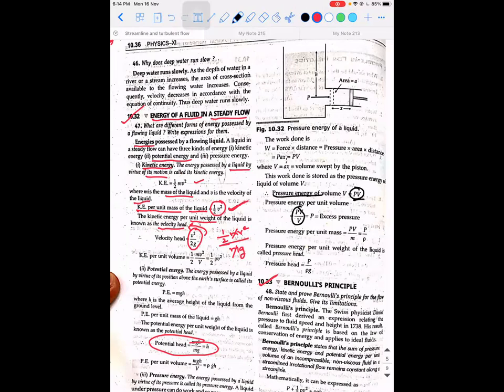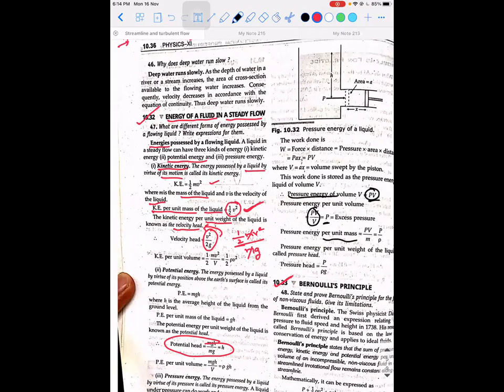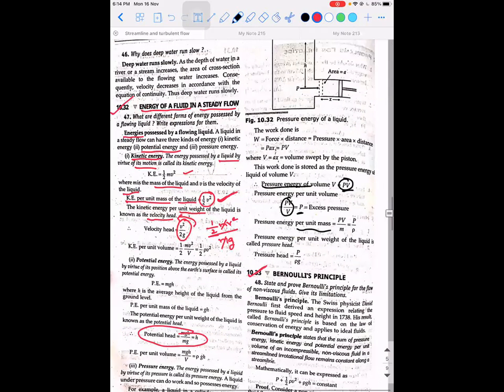Volume and volume will cancel. P will be the answer. So remember, pressure energy per unit volume is nothing but pressure. Similarly, if you define pressure energy per unit mass, then what will you get? You will get P divided by rho. Then what will that be called as? Sorry, there is no name for it.